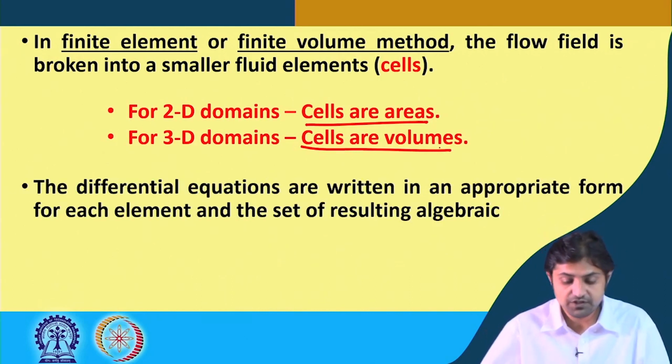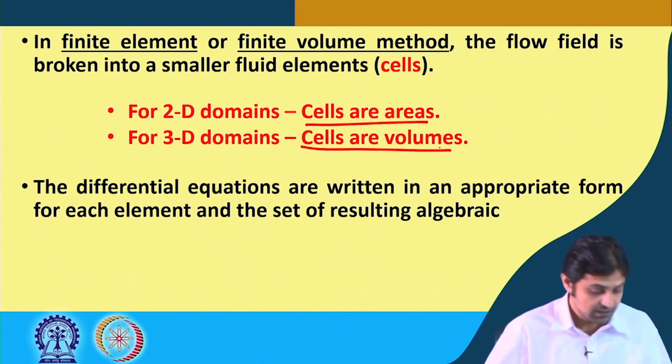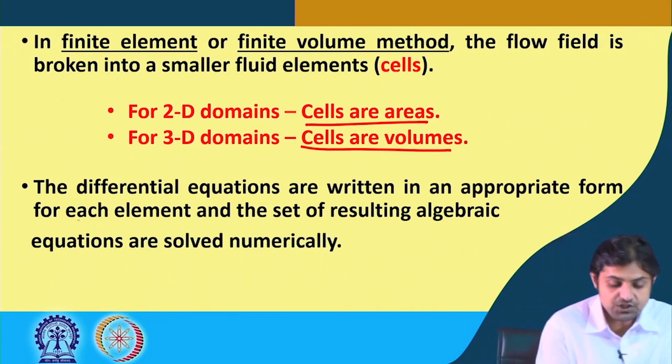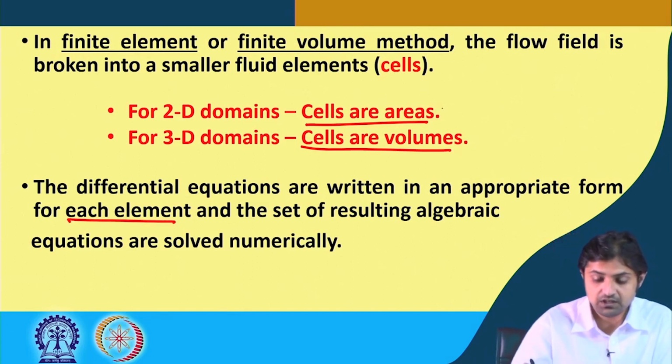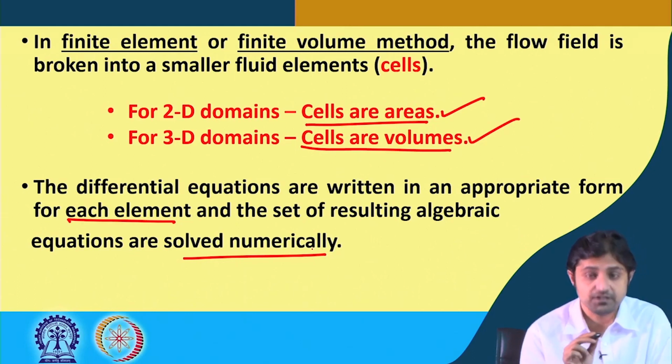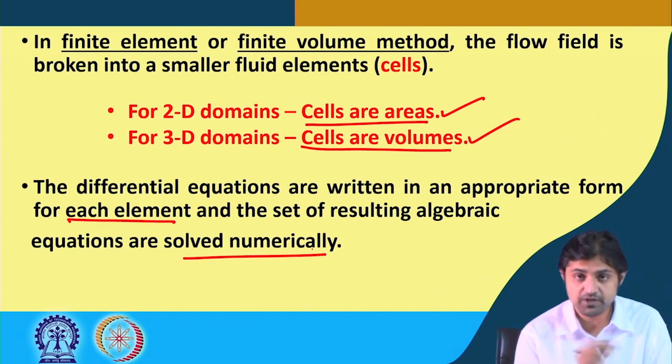So, the differential equations are written in appropriate form for each element, and the set of resulting algebraic equations are solved numerically. We write this equation for each of these elements. If there are 1000 elements, we write 1000 equations and we solve them numerically.